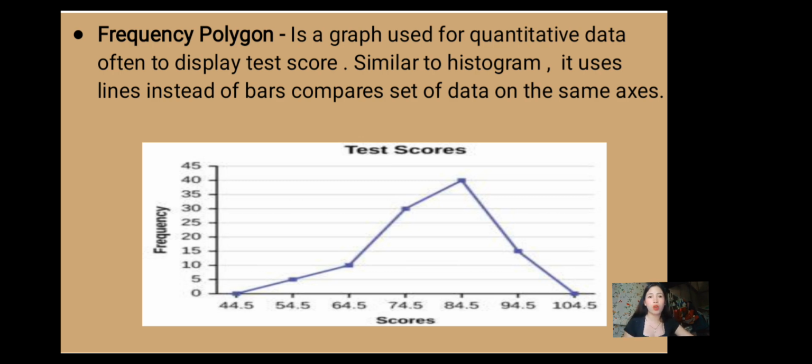In the example below, as you can see, at the left side you can see the frequency or the number of students. And the lower is the score of the students. So, in 0, 45.5, and 5 students only score 54.5, and 10 students who score 64.5 and 74.5, and so on and so forth.